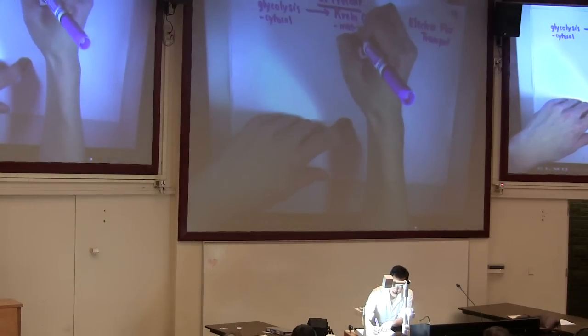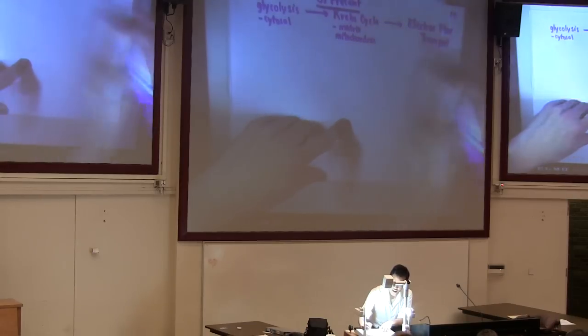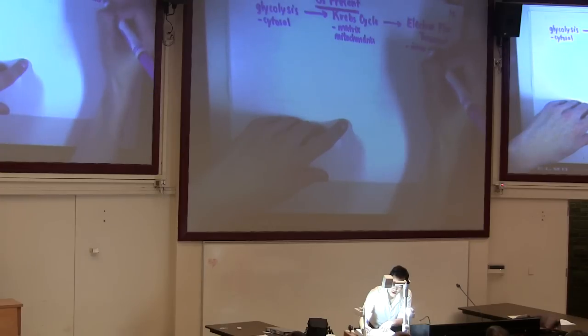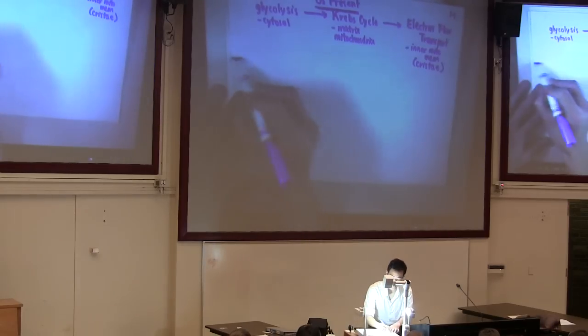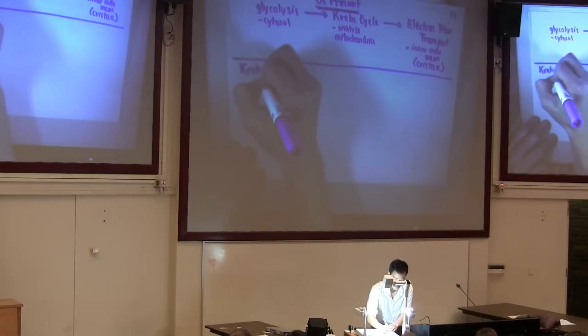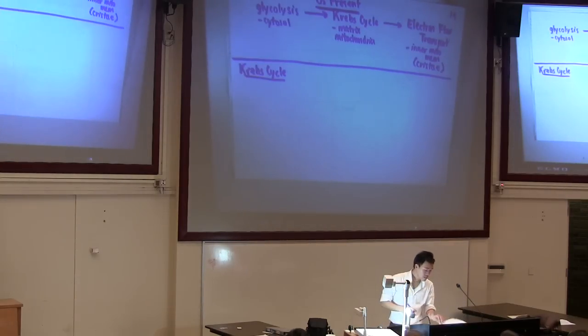In the matrix of the mitochondria. Where does electron transport occur? In the inner mitochondrial membrane, also known as the cristae. Right, so have these big picture ideas in your head. Okay? So if you have oxygen, you're going to move on to the next step, which is the Krebs cycle. Okay? And what happens in the Krebs cycle?